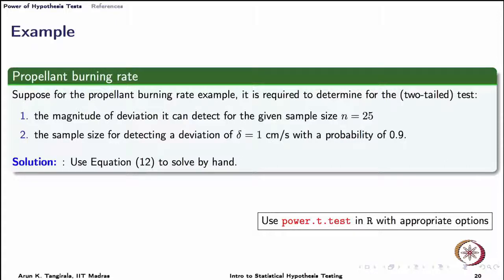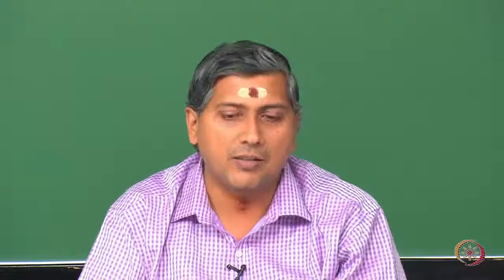Earlier we had the power of test, this probability of 0.9 is nothing but the power. Earlier we had calculated the power of a test when the truth was 1 centimeters per second away from the postulated value, but there we had a 0.7 power or a 70% chance. I want to raise it to 90%.